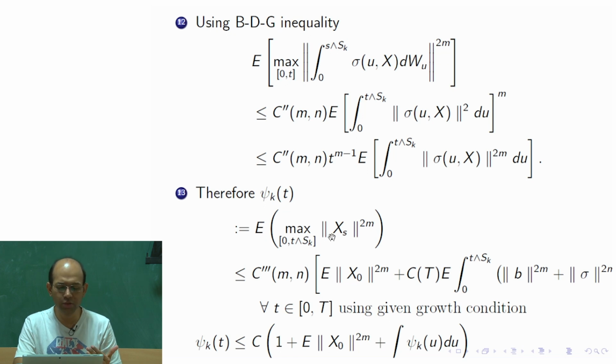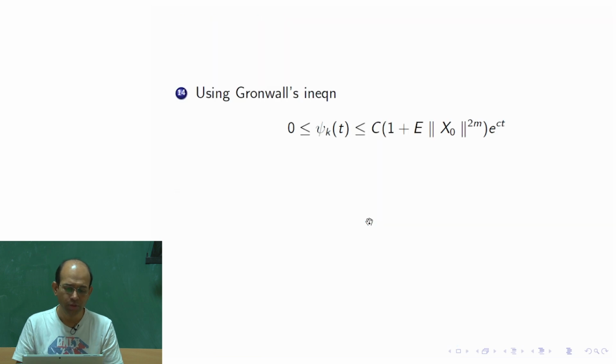So, what is the intuitive understanding of that? This expectation, this 2m power expectation, as t increases, the solution can be very large, and the probability that it is large is also becoming larger. However, as a function of t, it is dominated by some exponential function of t. That is a good thing.